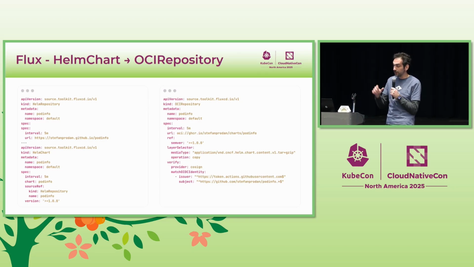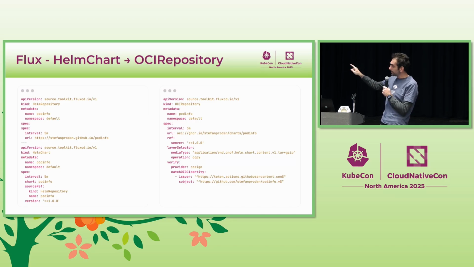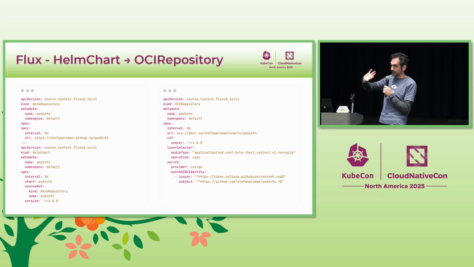You declare the same object, OCI repo, but there is that field layer selector which tells Flux, expect in this OCI repository to find an artifact of type Helm. So Flux basically takes the Helm chart, does not touch it, can verify it with the same tooling, cosign, and exposes it inside the cluster.